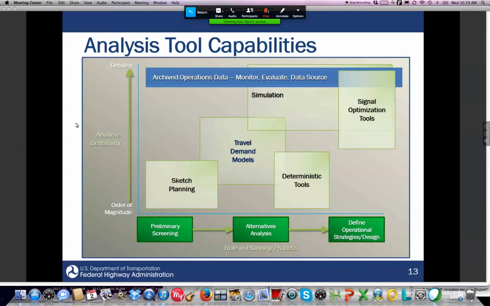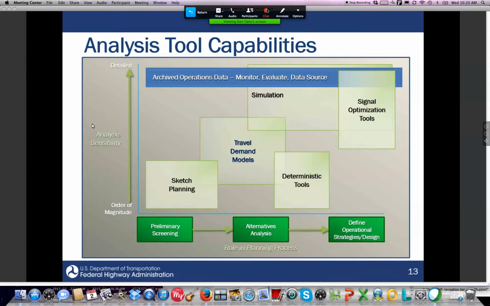So within this figure, you can see the vertical axis is the order of magnitude, from at the low end a very high level look at things, versus driving down towards the top, where we start to look at a very detailed system or element that we're trying to look at, getting down to individual roadways, individual intersections.